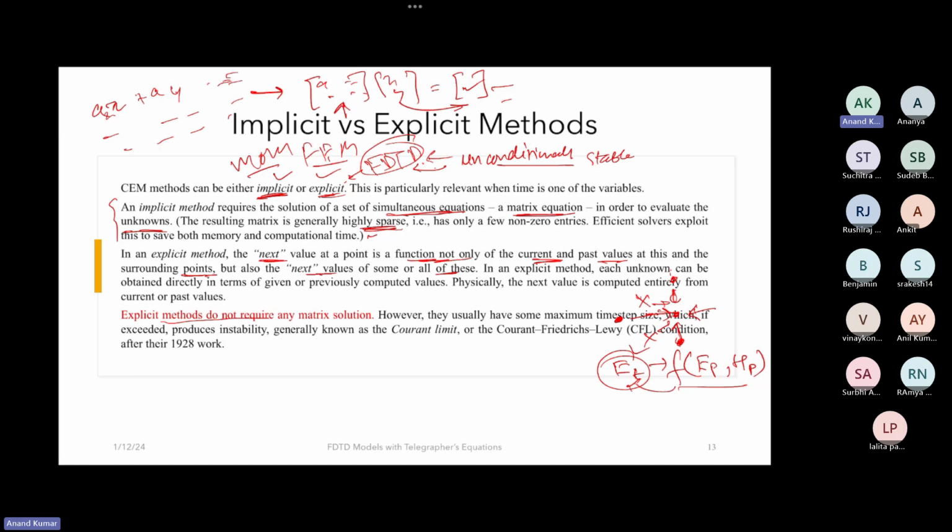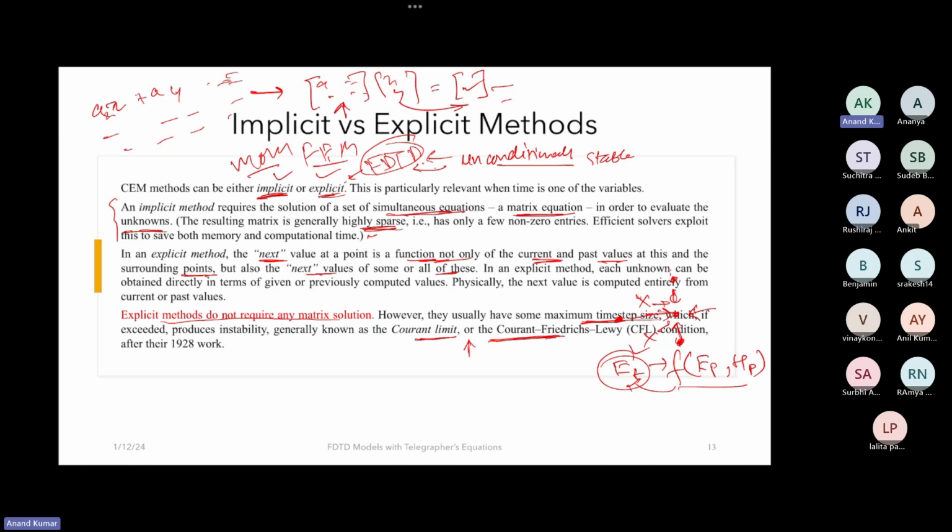And explicit methods do not require any matrix solution, but they usually require some time step values. We'll get into the Courant limit in detail in maybe the next class, but right now just remember that we have to maintain the Courant limit.